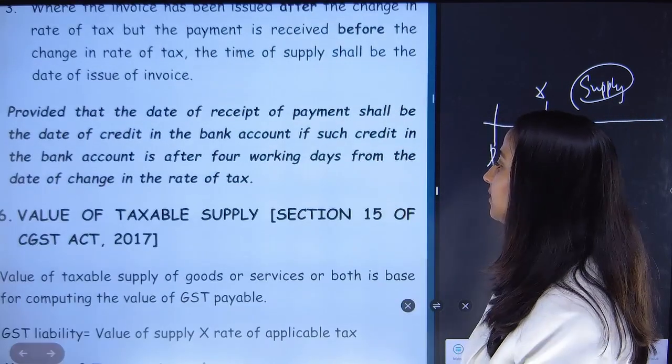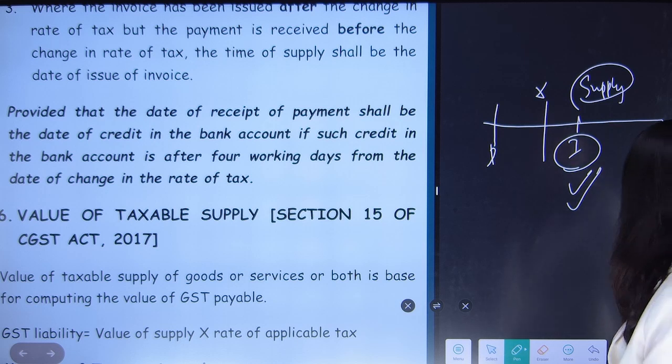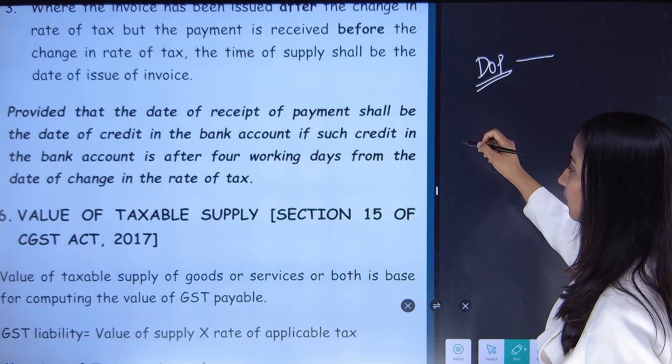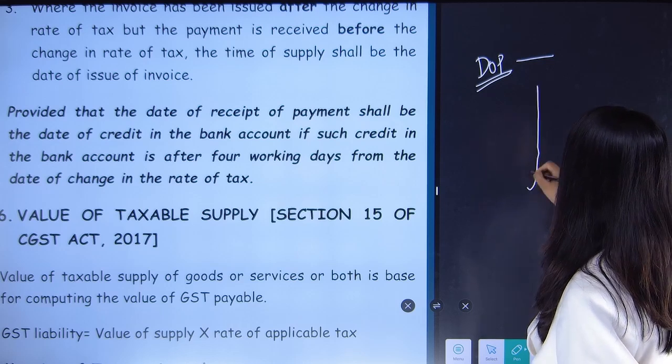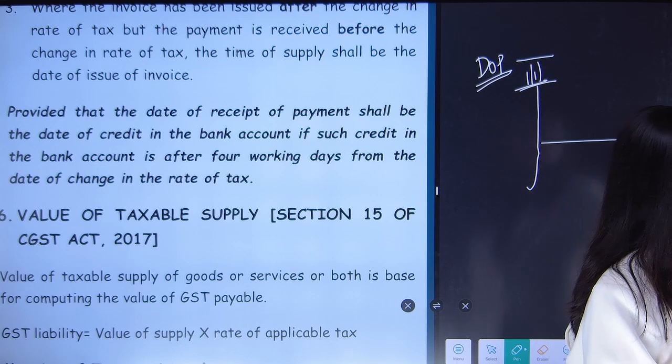Now, provided that the date of receipt of payment shall be the date of credit in the bank if such credit in the bank is after 4 working days from the change in rate of tax. So in this case, what date of payment will you consider? Let's say this is 1st Jan, the change in rate of tax. 4 working days you take, 4 Jan.